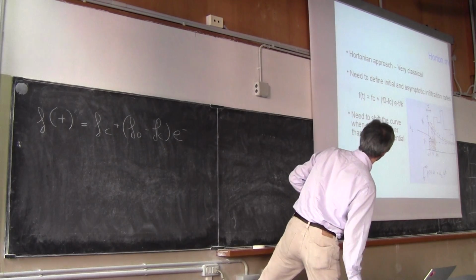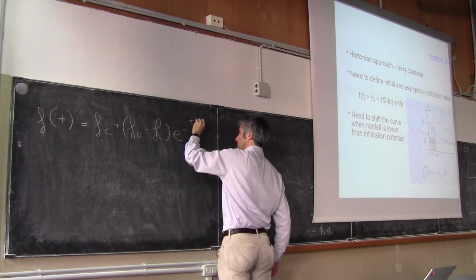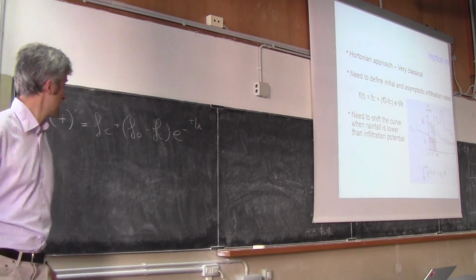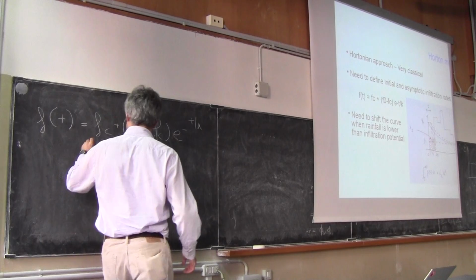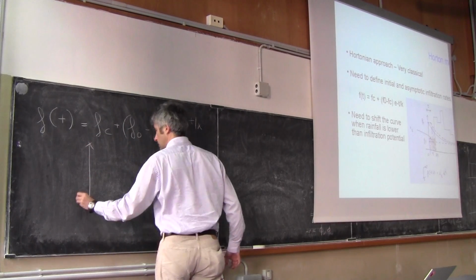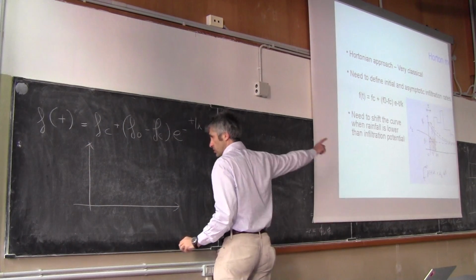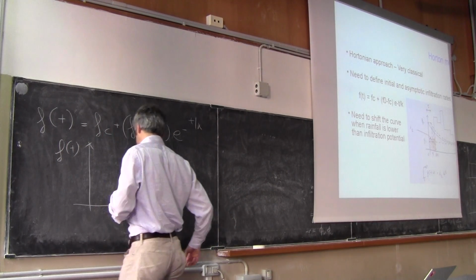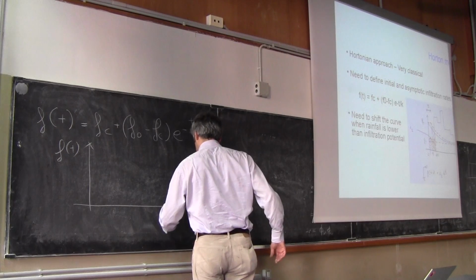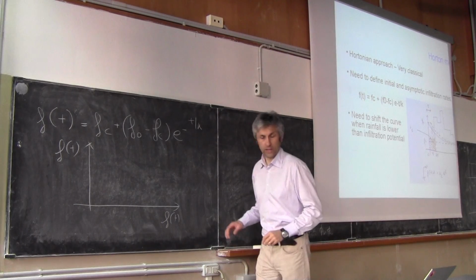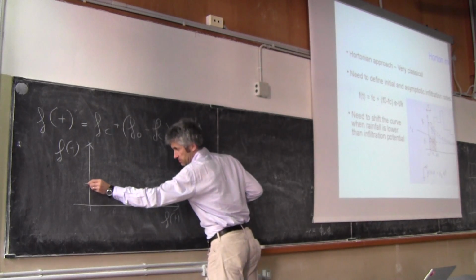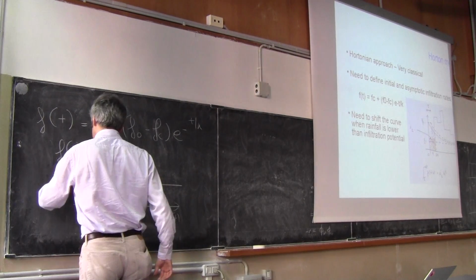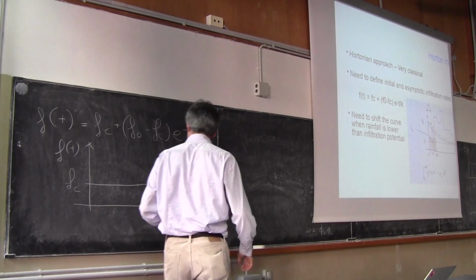So if we draw a graph, which is a replication of the graph that you see on the screen, then you can identify on the graph an asymptotic term fc.